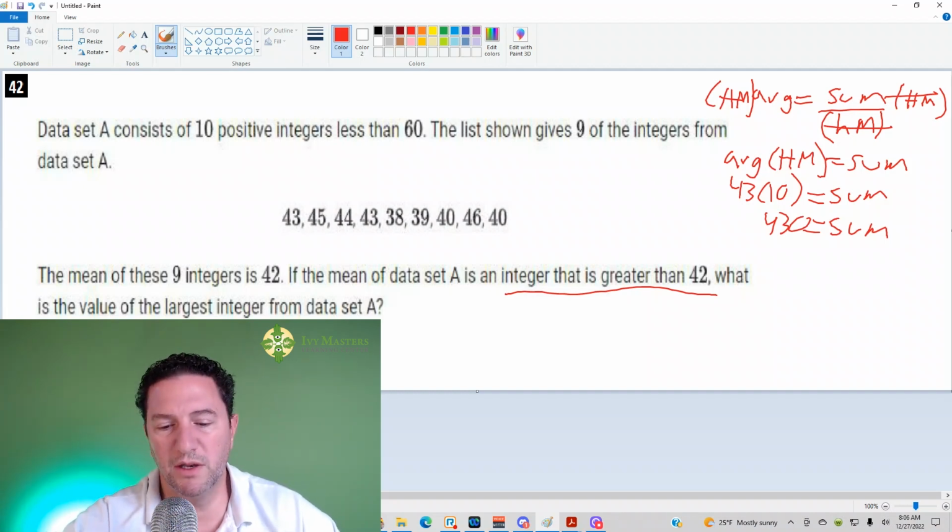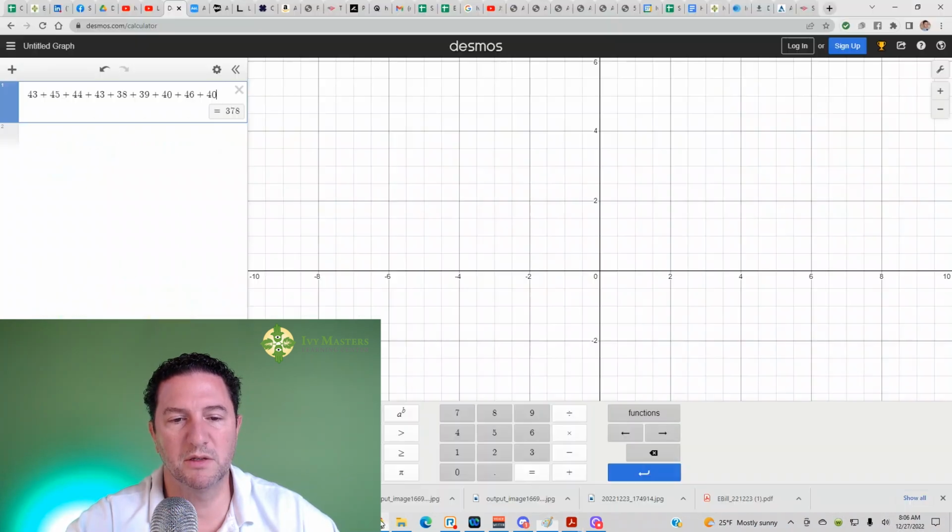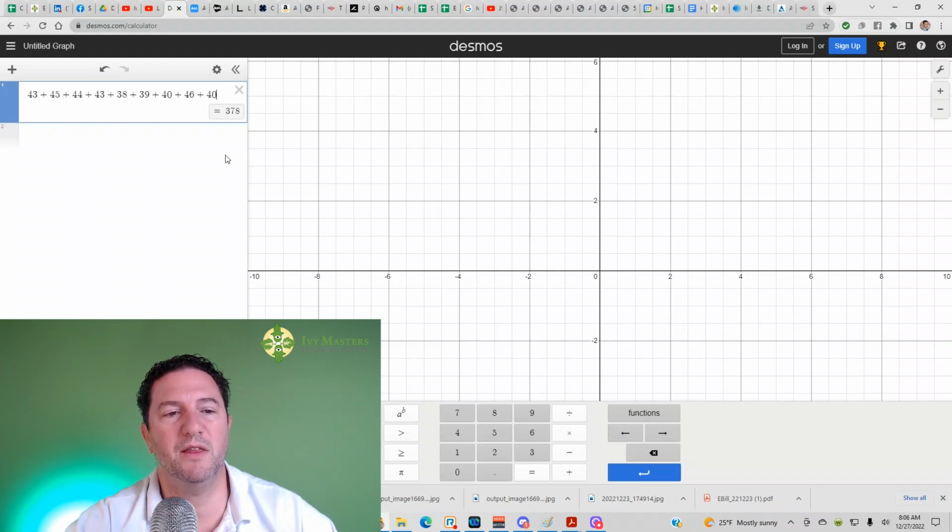Another way you could do it, and I actually have this other way up in Desmos, is I'm going to switch over to Desmos. If I added all the 9 existing integers, what I'd get is 378. Now, I could just subtract that 378 from the 430, and I'd get my answer. Or you could say, hey, what do I have to add to that 378 to get a whole number?